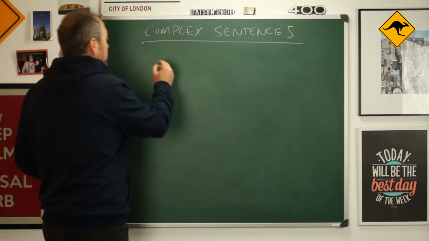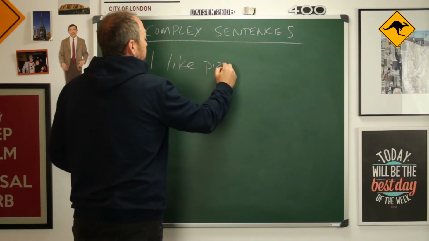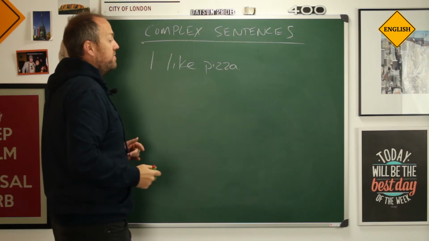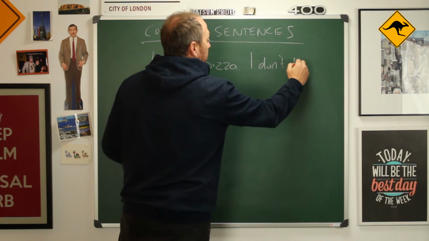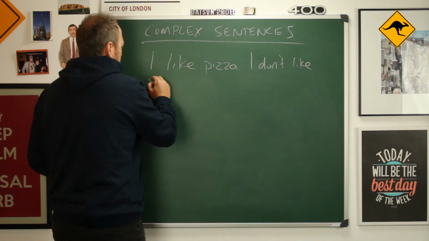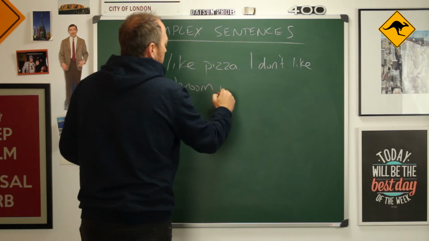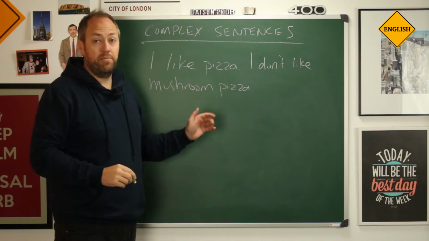So for example, you could say, I like pizza. Okay, good. This is a simple sentence. Then maybe we continue. I don't like mushroom pizza. Okay, so we have another simple sentence.